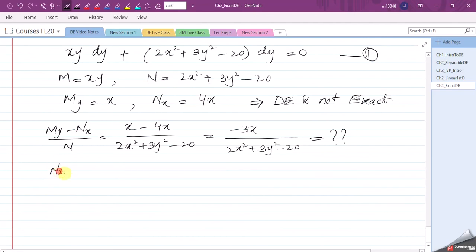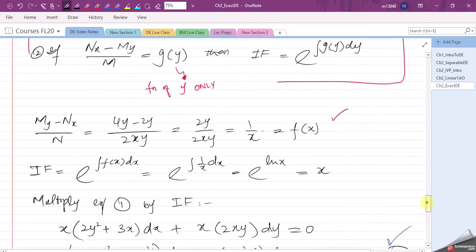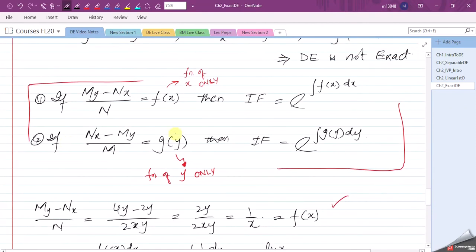The second one was (Nx − My) over M. So first write (4x − x) over xy. This seems to work. 3x over xy is 3 over y, a g of y. So this one worked. (Nx − My) over M, a function of y only.